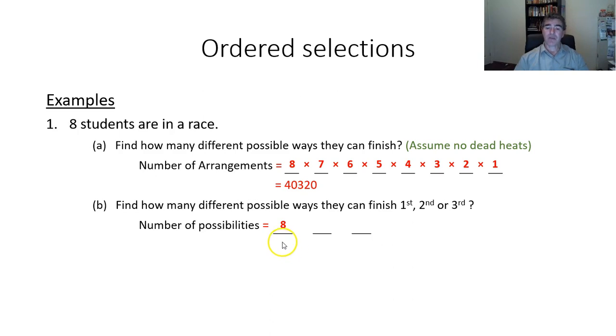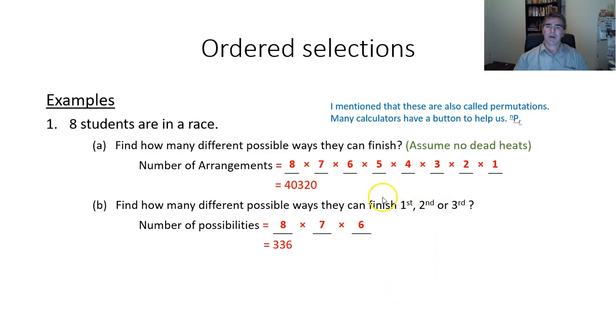Now that I've filled my first position, I can have 7 more fill my second position, and then 6 more to fill my third position. As I said, I'm not worried about the other positions. We multiply those together and we end up with 336 different possibilities for the first, second and third out of those 8 runners.